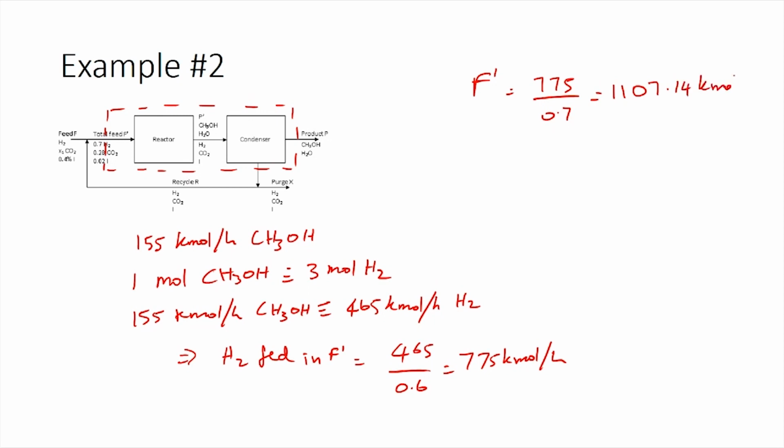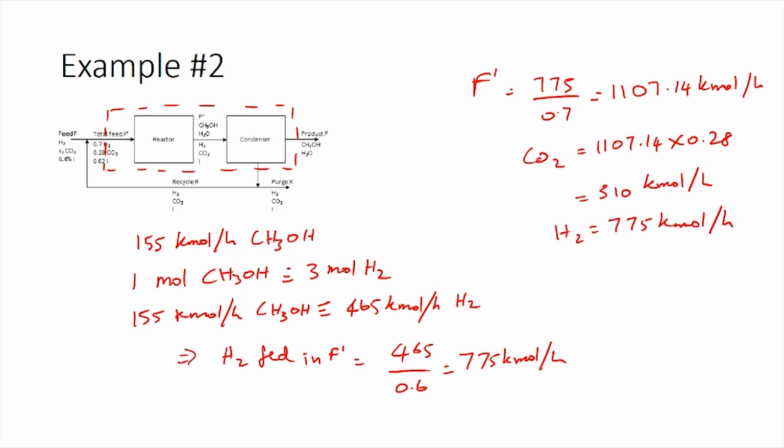giving you a value of 1107.14 kilomoles per hour. We can also calculate the composition of the total feed, which would contain carbon dioxide at 28%, giving you 1107.14 times 0.28, a value of 310 kilomoles per hour, and hydrogen would be 775 kilomoles per hour, and you have inerts coming in at 1107.14 times 0.02, which is 22.14 kilomoles per hour.